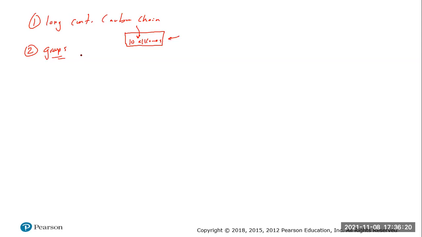So, for example, if we had a CH3 group, that's based off of one carbon, which is based off of methane. And because it's a group, we drop the last part, and we call it a methyl group.